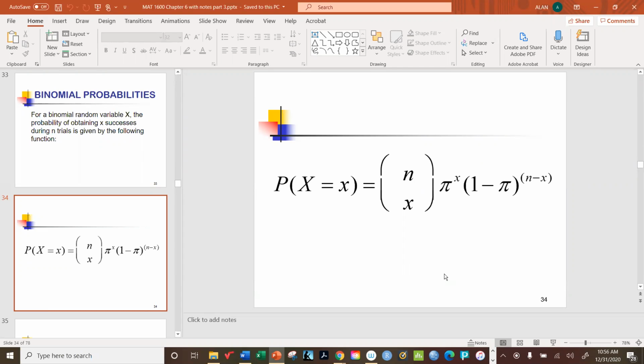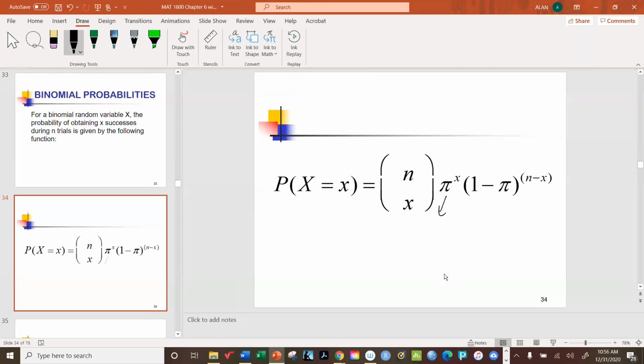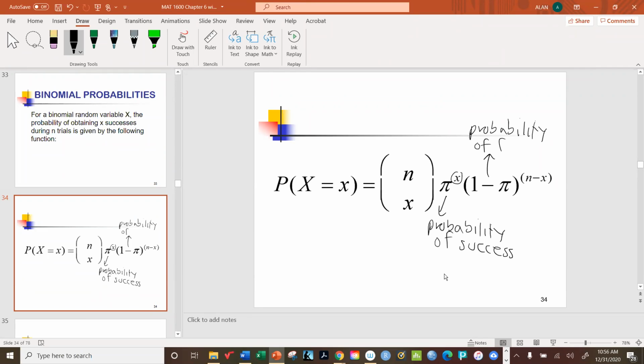It doesn't really matter which is which, as long as we're consistent. Actually, it's the probability of X successes, because here's X. And then this 1 minus pi would therefore be the probability of failure. So if we're flipping a coin, for example, if we define a head as success, then tail would be a failure. So this is the probability of a head. This is the probability of a tail.